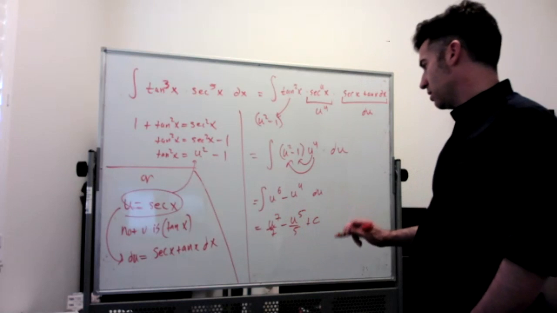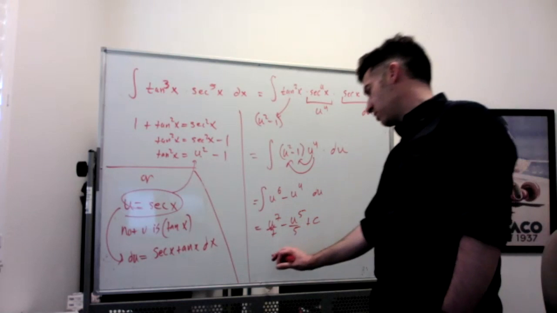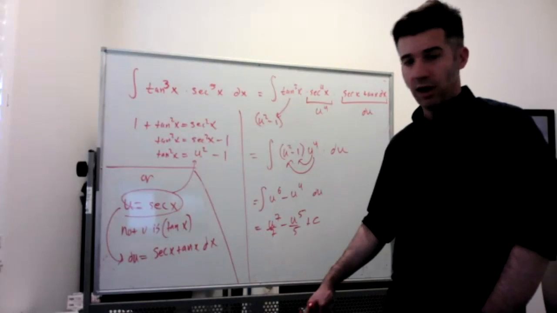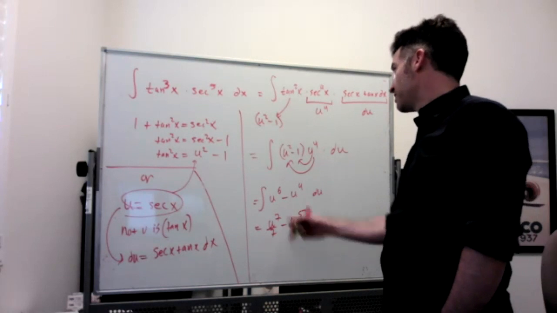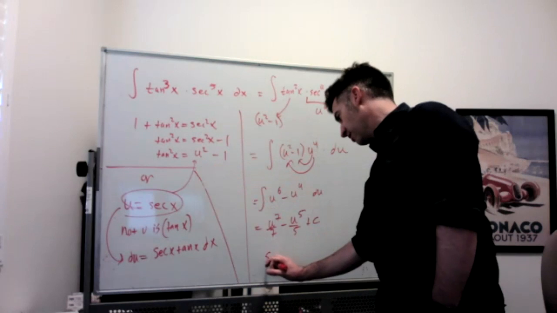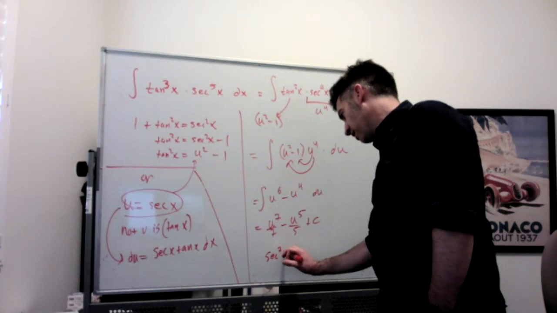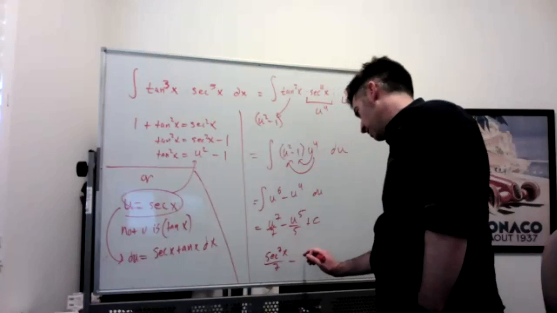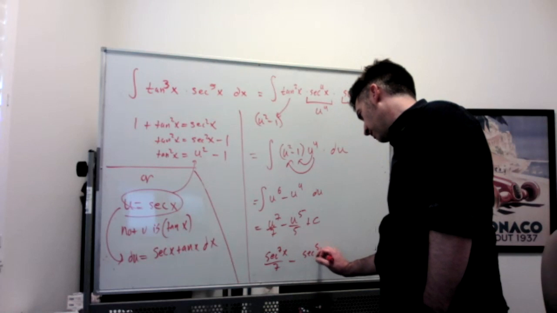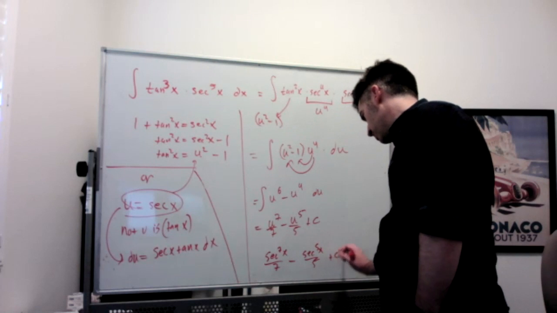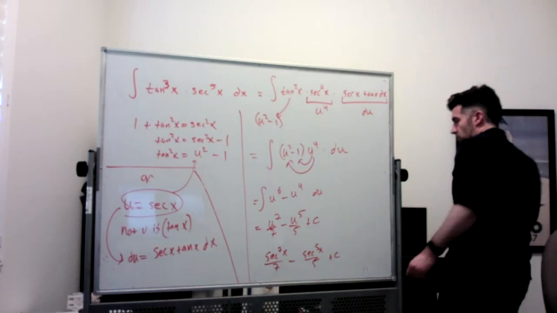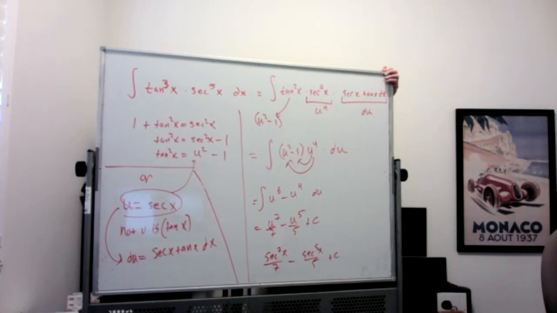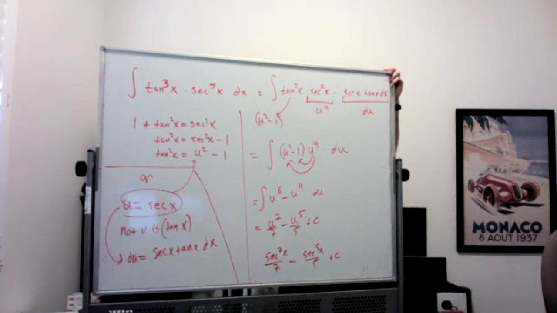And then plugging back in what u is, we get secant to the seventh of x over 7 minus secant to the fifth x over 5. Okay. Let me show you another funky one. That one was not too funky.